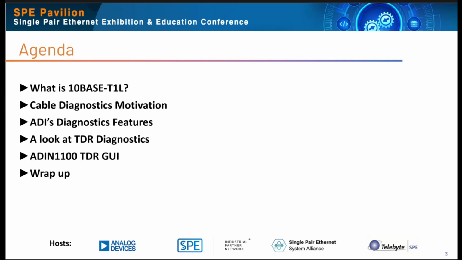I'll talk a bit about the diagnostic features that exist on the PHY technology that ADI actually provides today. Then I'll dive a little deeper into our TDR technology, or time domain reflectometer technology. I'll show a little bit of how we actually present that with our GUI, and then I'll wrap up and have questions.